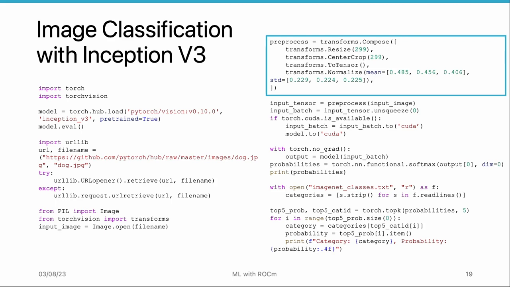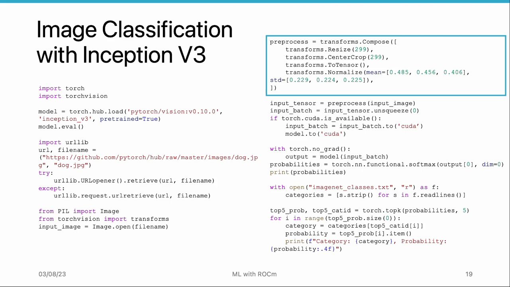After opening the image using PIL, we need to perform a series of image transformations to preprocess it before passing it to the Inception v3 model for evaluation. To accomplish this, we utilize the powerful transforms.Compose function provided by the TorchVision library. To begin, we define a preprocess variable and assign it a transforms.Compose object.